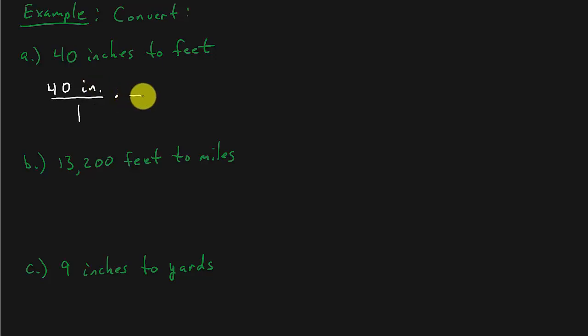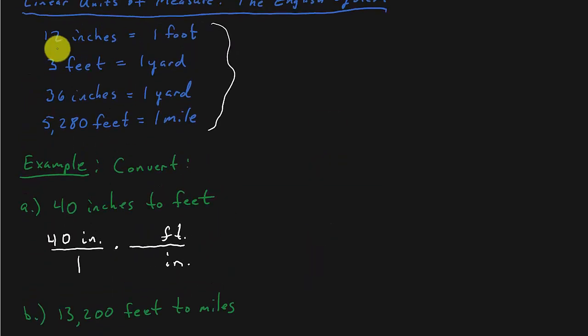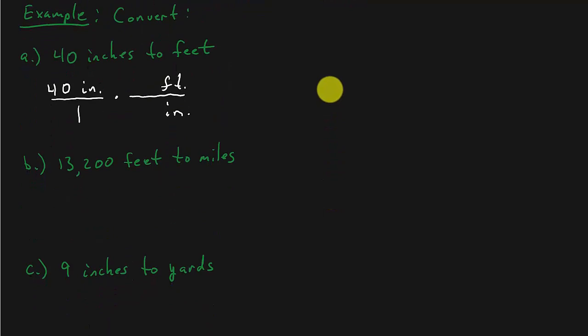So inches has to go in the denominator and feet is going to go in the numerator. And I can do that because I do have a conversion between inches and feet. 12 inches in 1 foot, so I know that 1 foot is equal to 12 inches.